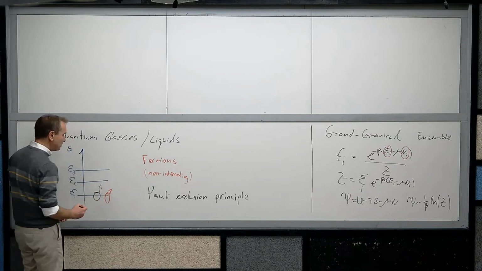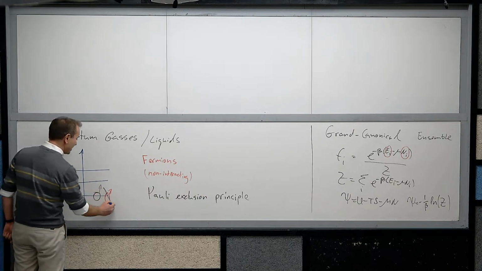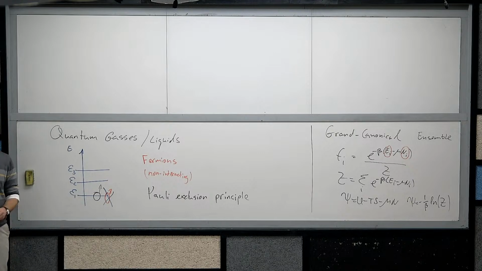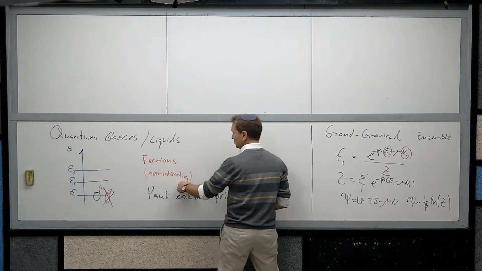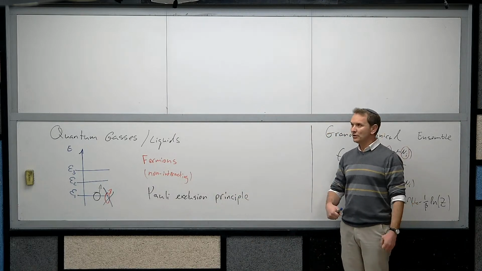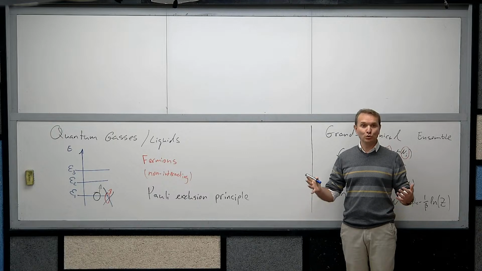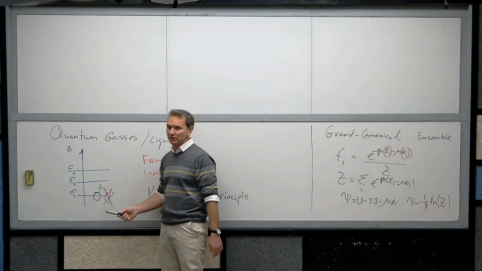If I try to put another one over here, it's a forbidden state, and I simply cannot do this. This is interaction. Any system that has fermions is a system where the particles do interact, because they feel each other, and they cannot occupy exactly the same states.